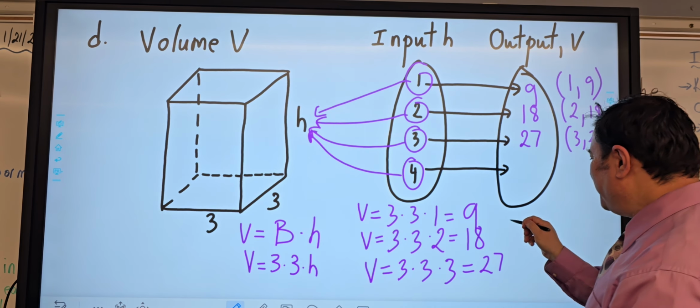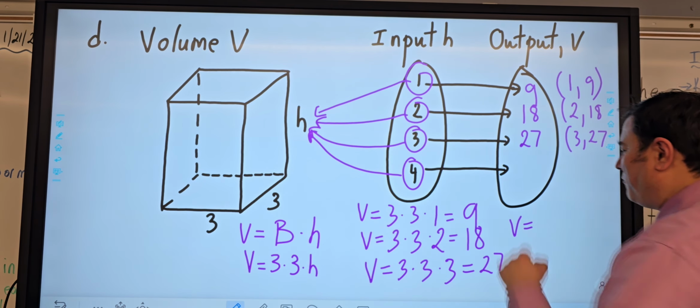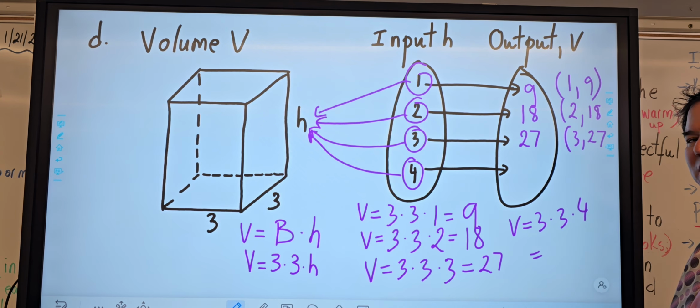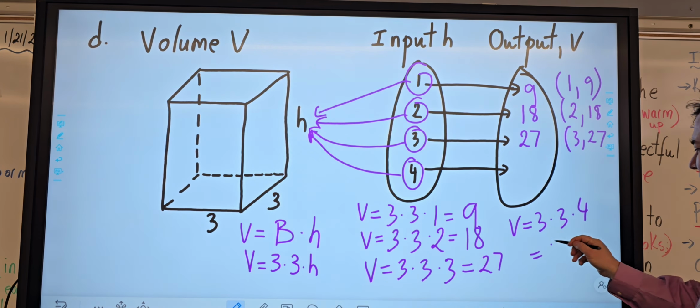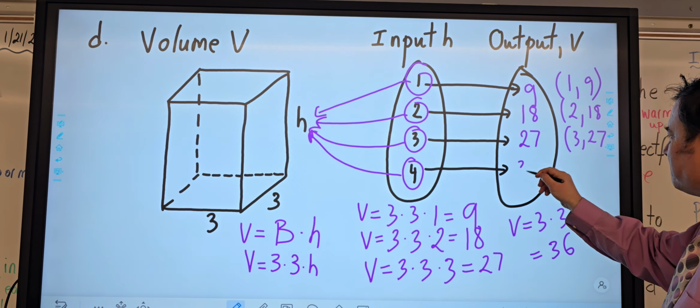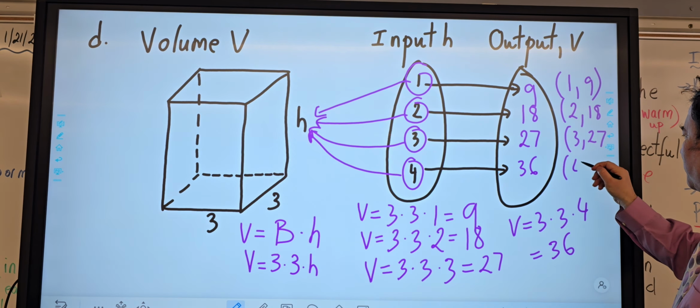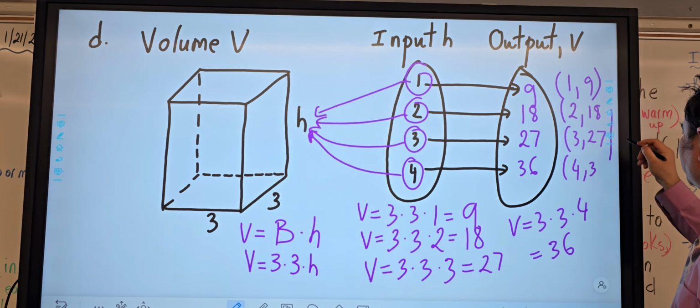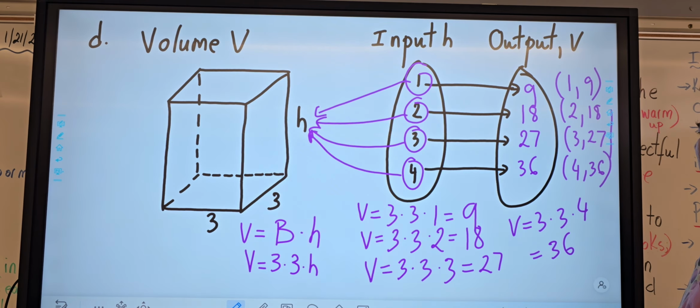And finally, instead of h we put 4, so we have 3 times 3 times 4, which is 3 times 3 is 9 times 4, 36. So the ordered pair is 4, comma 36. Okay?